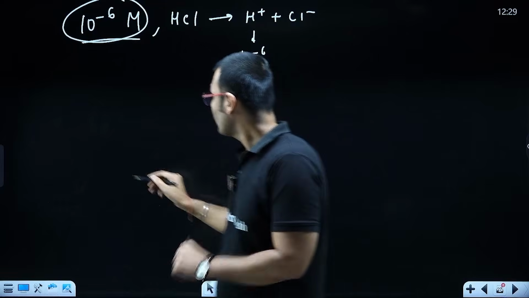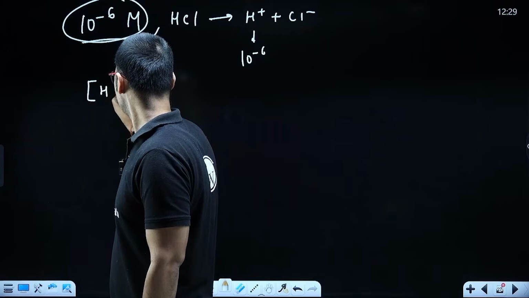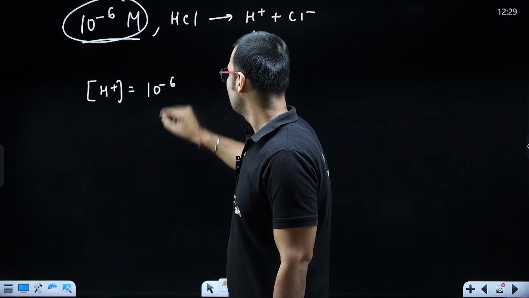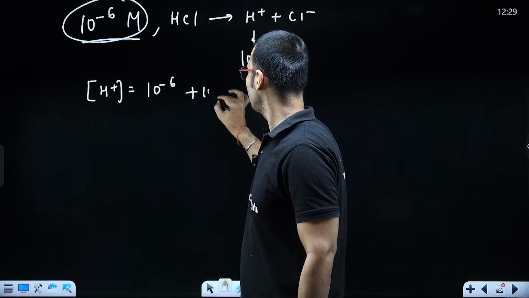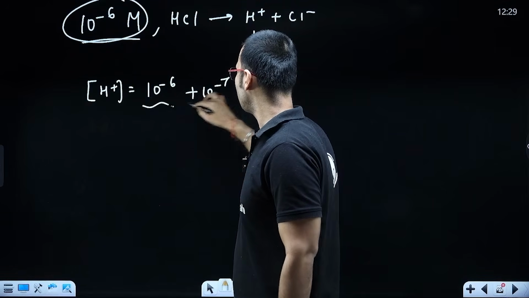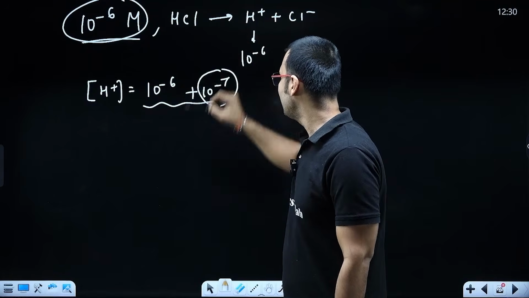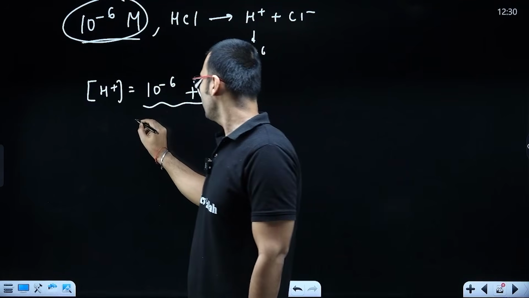So the total concentration of H plus will be, from acid we are getting 10 to the power minus 6, and from water we are getting 10 to the power minus 7. So you need to add these two, right? Concentration of H plus from water, we have to add it here. Then of course, later on you can do the calculation.